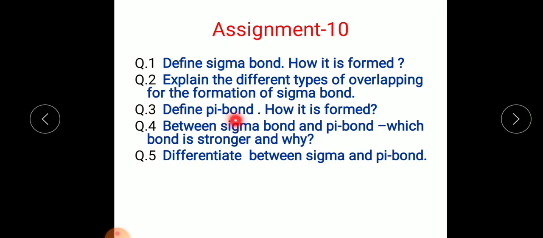Question number 3, define pi bond and how it is formed. Question number 4, between sigma and pi bond, which bond is stronger and what is the reason for it. And question number 5, differentiate between sigma and pi bond. So complete the assignment and send it to my mail.